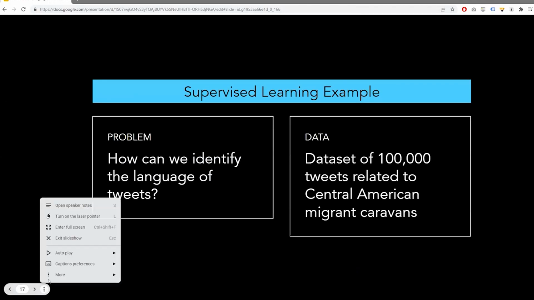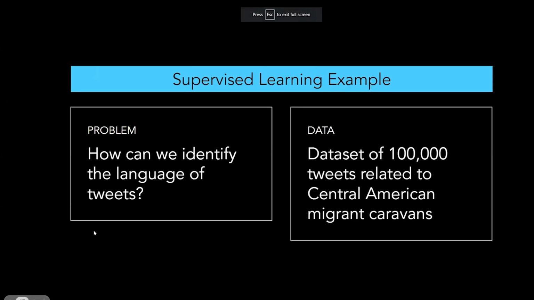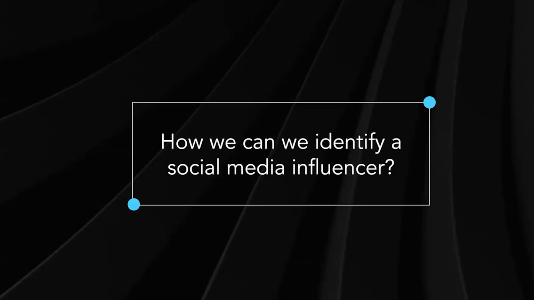We're using a supervised learning approach to identify the languages of our data set. I'll go through any of the remaining questions at the end of our workshop period. So that's a simple way to use Butter to use supervised learning to solve a problem.